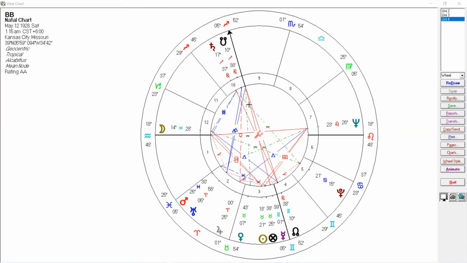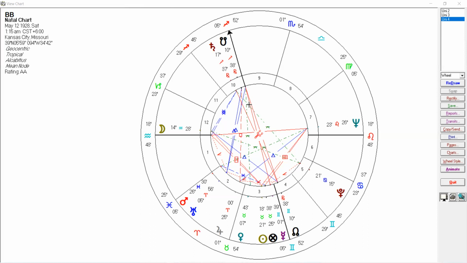So for an aspect to be applying, it means that the planet that is faster is at a lower degree in the sign that it's in. So basically it's about to become exact, right? The faster planet is at the lower degree and moving to exactitude.